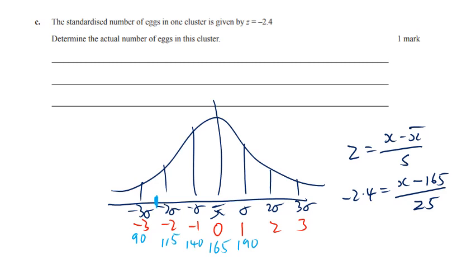You're just doing minus 2.4 times 25, because you're taking the 25 and putting it to the other side, and then you got a plus 165 to that. Just hit your calculator for that. And if you do all that right in your calculator, 105. So you can put the number on the line. It is 105. That's your answer. And as you can see, 105 is actually between those numbers that we highlighted there. It does make sense that that blue dot we had there is in fact 105.